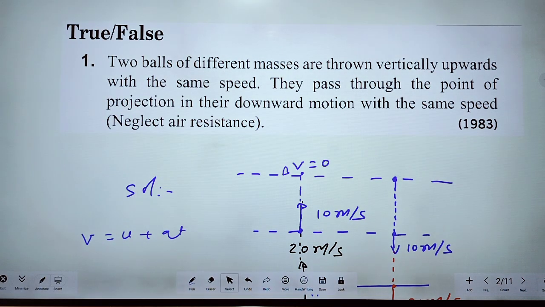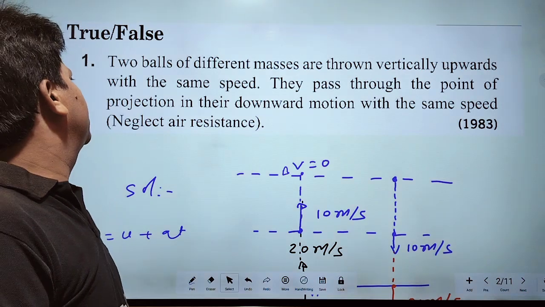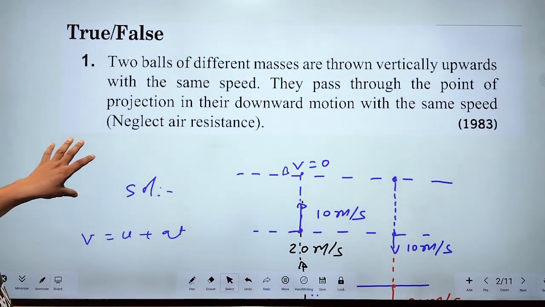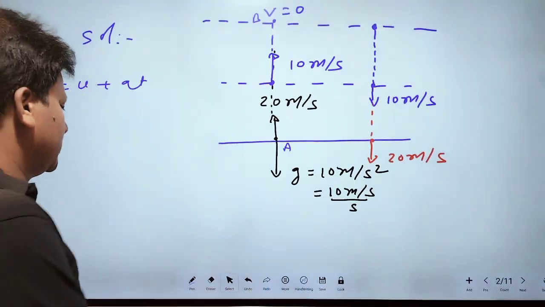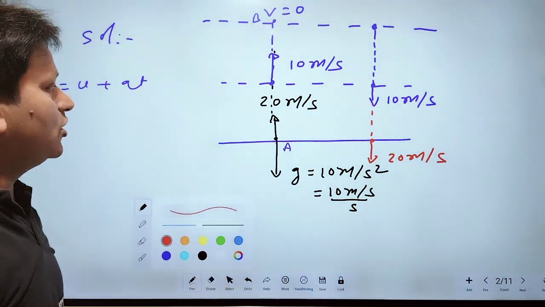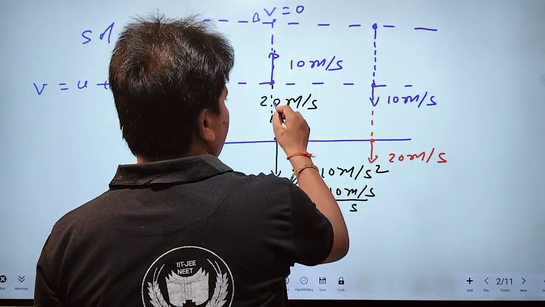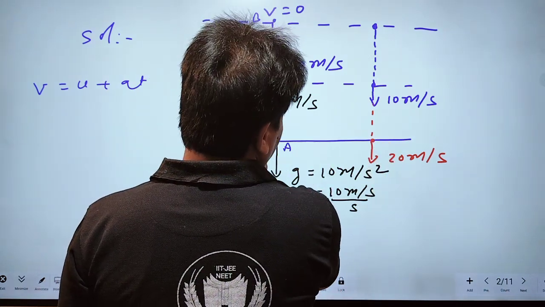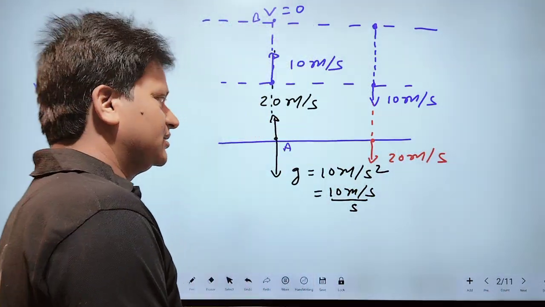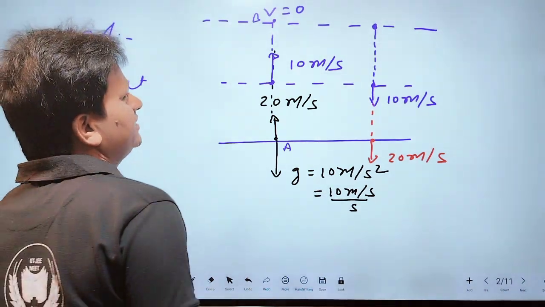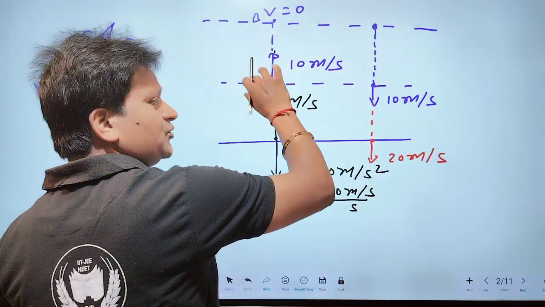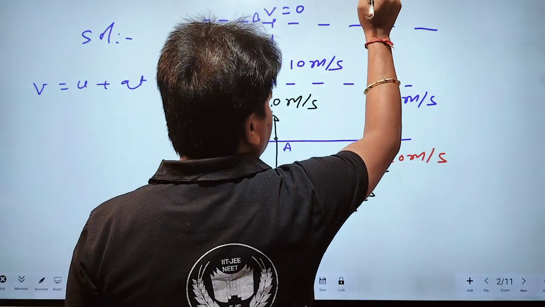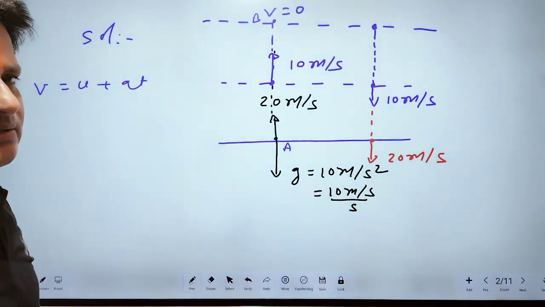Two balls of different masses are thrown vertically upward with the same speed. They pass through the point of projection in their downward motion with the same speed. Okay. Magnitude of velocity is called speed. Here we observe that velocity in the upward direction and velocity in the downward direction along the same horizontal line are the same. Actually, this line is on this line, but for clear visibility, I have shown it at this position.